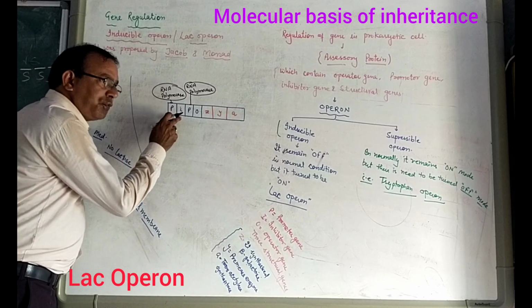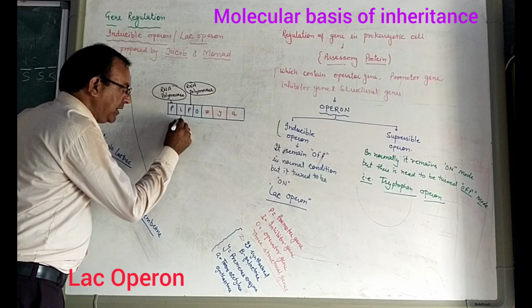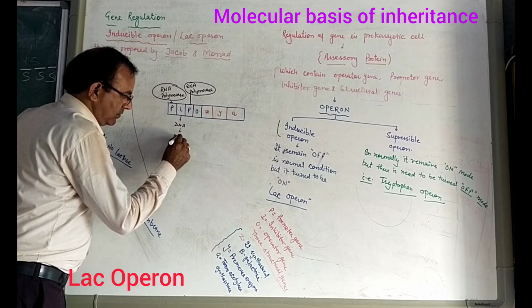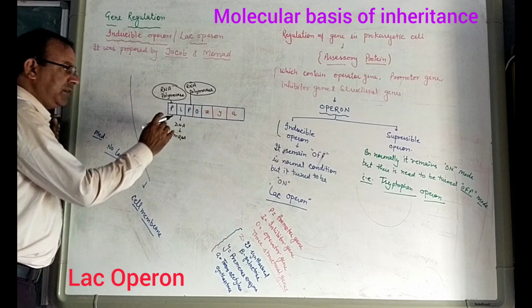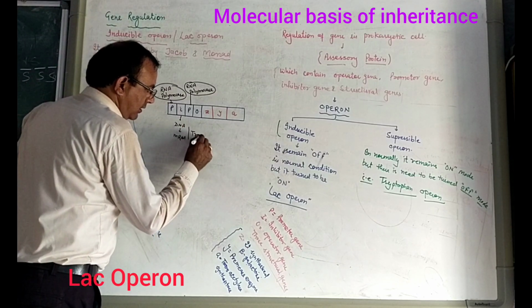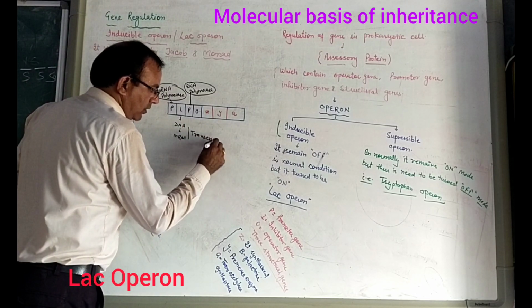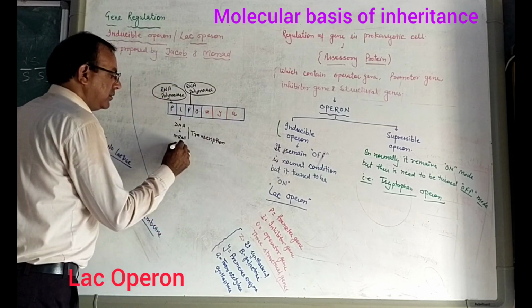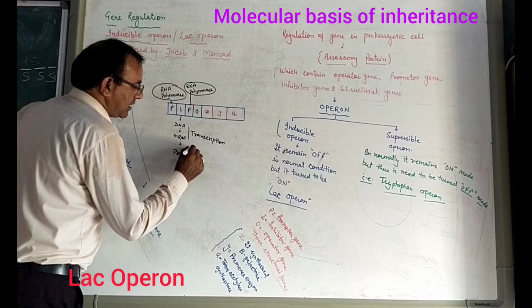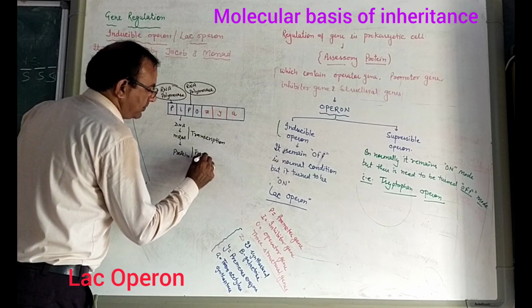What is the role of the inhibitor gene? This inhibitor gene changes DNA to mRNA. The process in which DNA changes into mRNA is known as transcription. And then this mRNA changes into protein, and this is called translation.